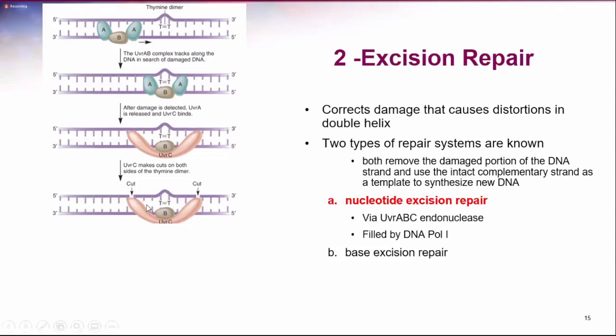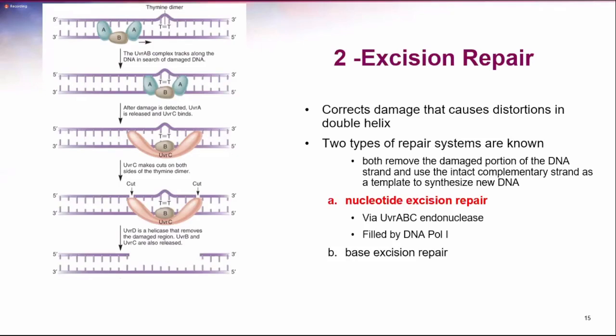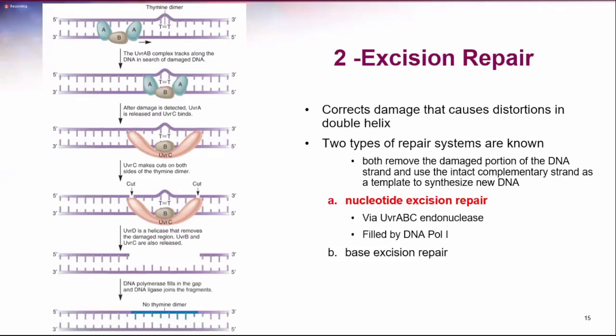And once that cut has been made, UvrD, which is not shown, a helicase, comes in and removes this intermediate piece that's no longer joined at the backbone to the rest of the DNA. DNA polymerase is going to come in, fill in this gap, and DNA ligase is going to come in and seal that gap. All right, so that thymine dimer has now been replaced with just simply thymines.